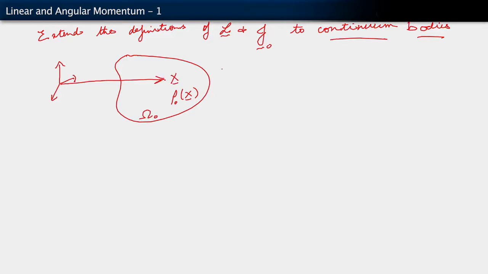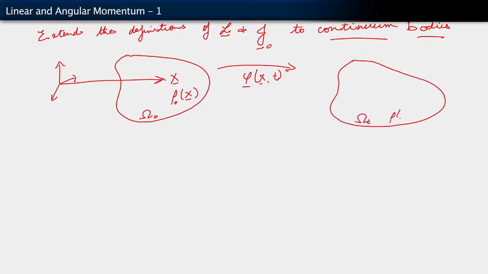All right, and then of course we know that we are always interested in motions, taking the body into its current configuration. Here we've defined the mass density per unit current volume, that's rho, which can now be a function of both the spatial position and time.